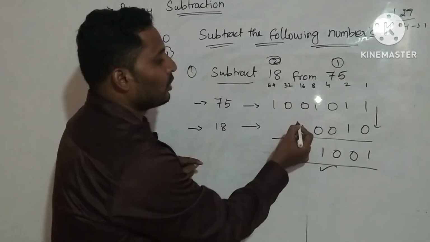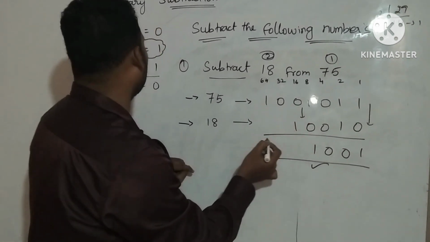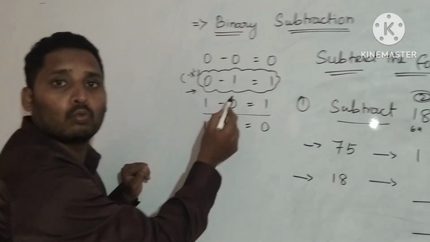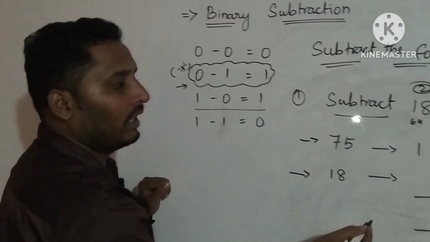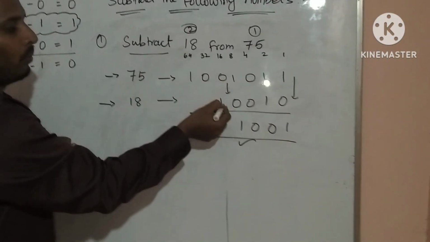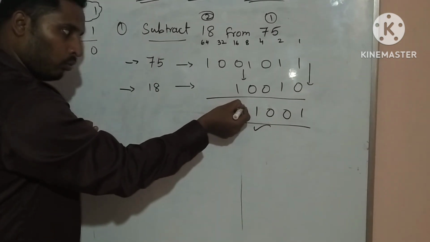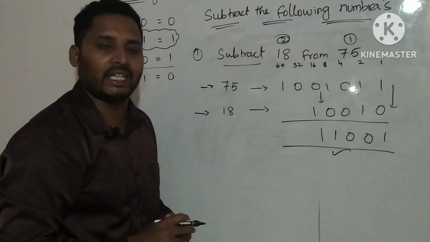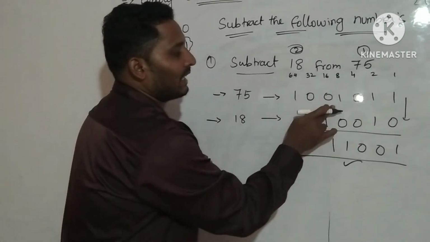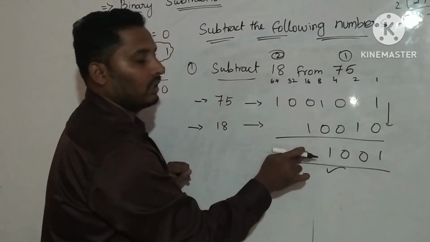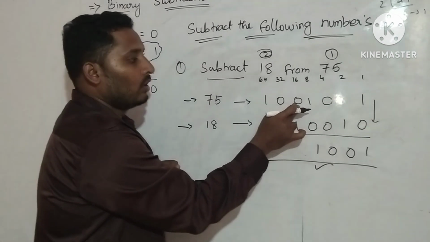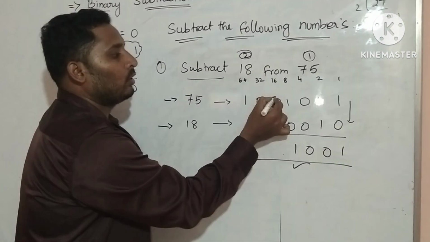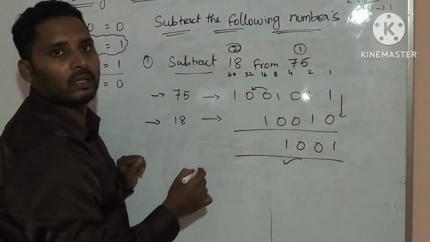Now see, 0 minus 1 is equal to, in the rule they clearly mention 0 minus 1 is equal to 1, so you can write it here, 0 minus 1 is equal to 1, but next what we have to do we don't know, correct? So how it is happening we have to identify. Now I have a 0 here, 0 we cannot subtract 1 from, so we are going to borrow from the next digit.